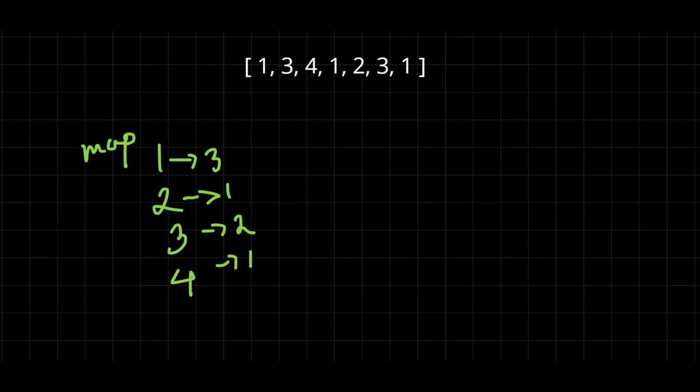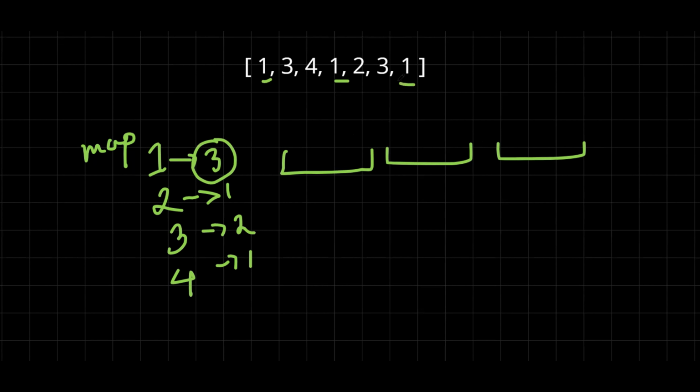Now, let's try to understand the minimum number of one-dimensional arrays we can make. Here, the minimum number we can make is 3. Why 3? Because suppose we have 3 arrays. We have three 1s in our input array, so we can put one 1 here, another 1 here, and another 1 here.